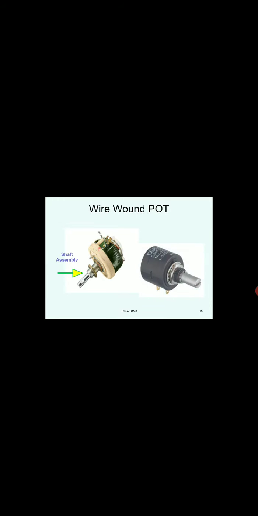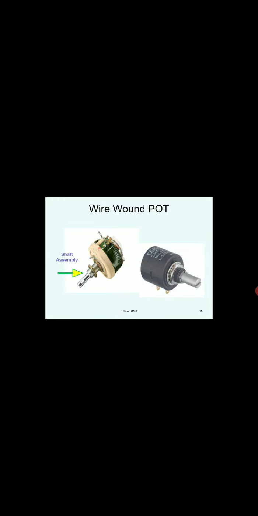Let us see a wire wound pot. So this wire wound pot, as we have seen, is assembled inside, so you have a shaft which is fully assembled with the resistor, wiper and all.